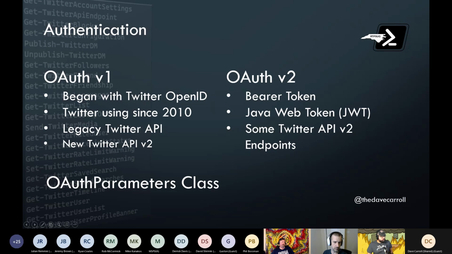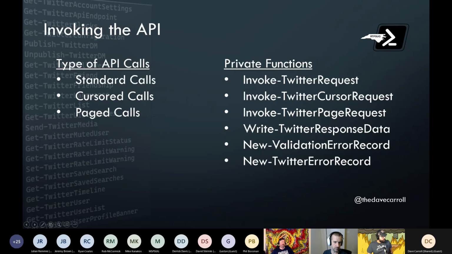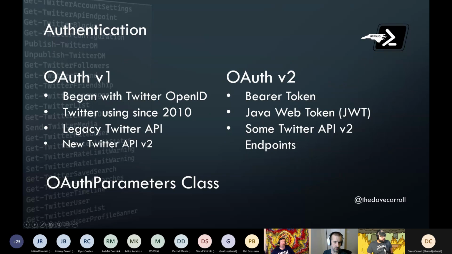I think all of the legacy API supports the v1, and I think some of the v2 Twitter API supports this v1 authentication. There's a lot of V's in there. I'm hoping that's not too confusing.